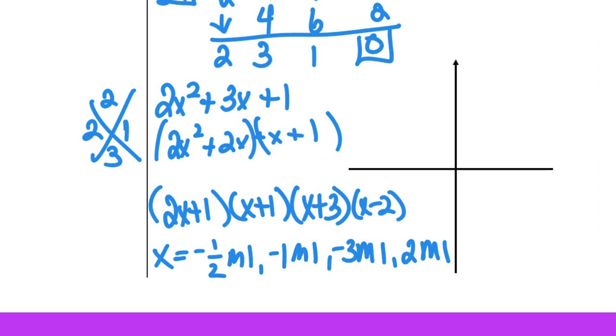So let's see, I got 1, 2, 3. I got a negative 3. I got a negative 1, and I got a negative 1/2. And then I got 1, 2. Do we know the y-intercept? 6 or negative 6? So we got 0, comma, negative 6. The a value, positive or negative?